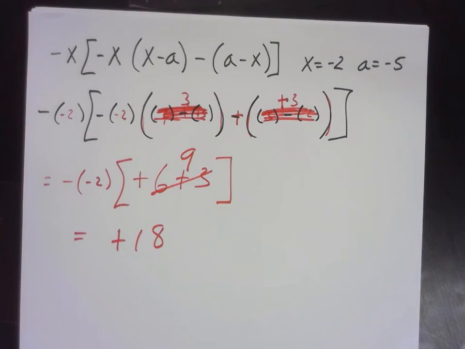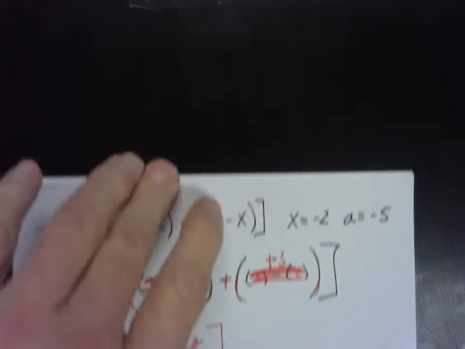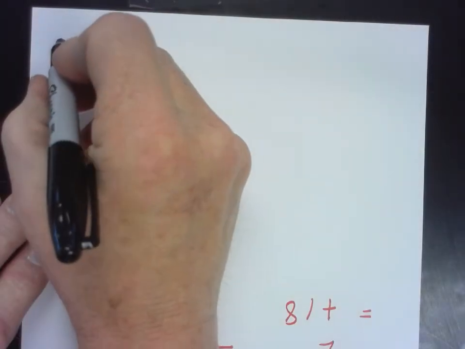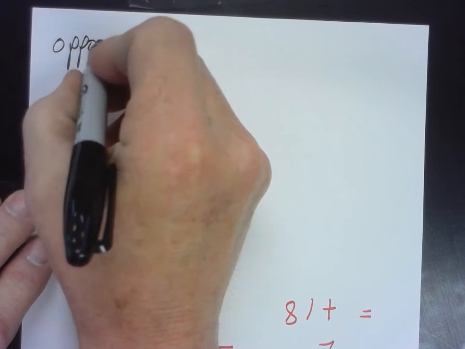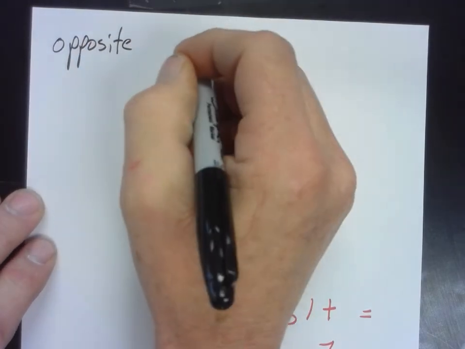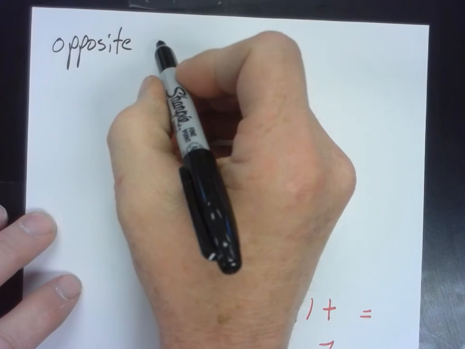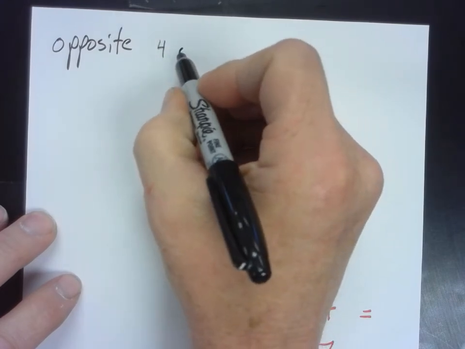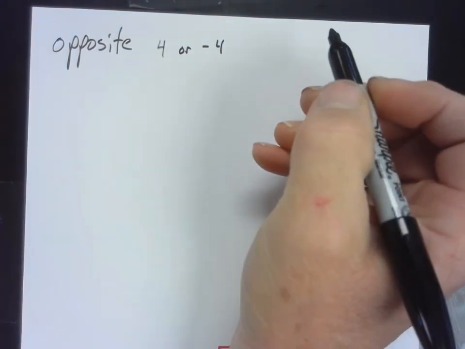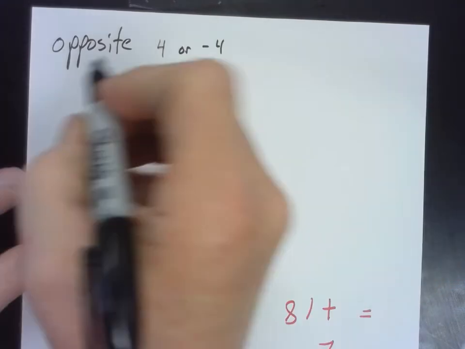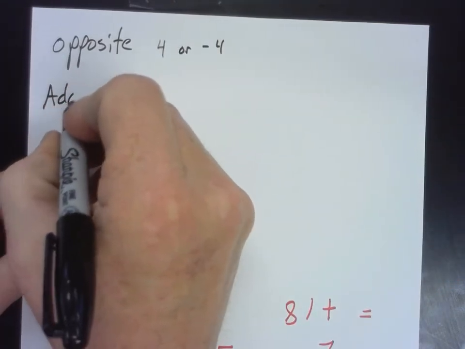Okay. In your notes somewhere, you should have something like the opposite of a number, like 4 or negative 4. They're opposites, aren't they? And you should have additive inverse.